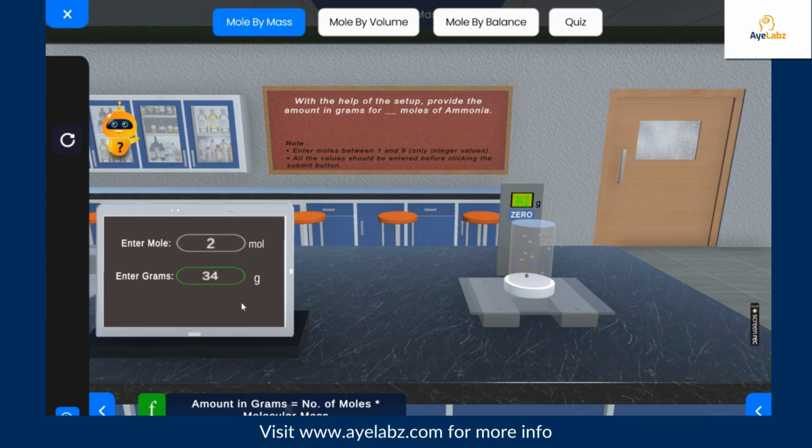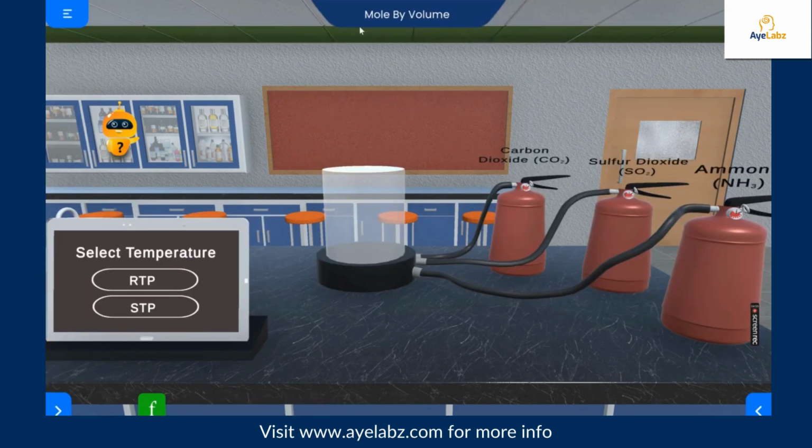Now, let's move on to calculating the volume under standard temperature pressure and room temperature pressure. This is another critical component in stoichiometry that will be demonstrated in this simulation.